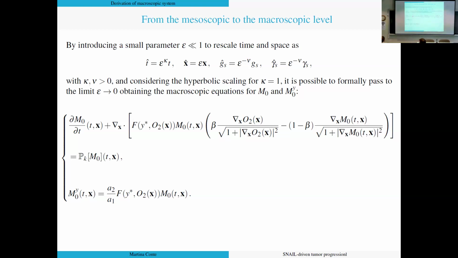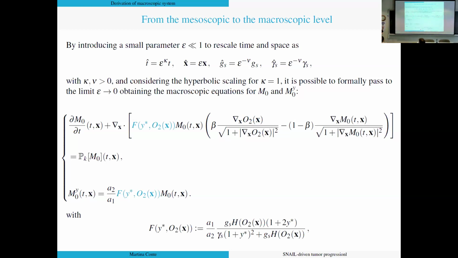So this is a system for the evolution of M0, that's the macroscopic density of tumor cells, and M0Y. M0Y represents the macroscopic average expression of snail in the population. It is very interesting to observe that the equation for M0 has basically all this transport part, drift part, and in particular, the tactic sensitivity of this drift is related to this function f.